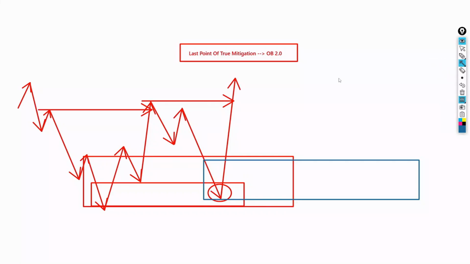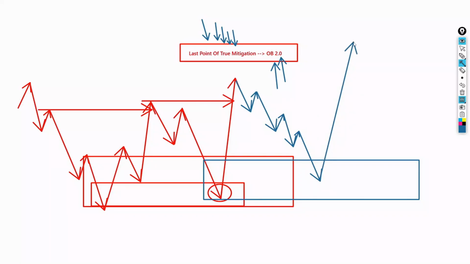So now you could very well expect that price is going to return back down right here. It's going to hit that order block 2.0 or last point of true mitigation, whatever you want to call it, and then it's going to proceed and move higher, right? So this is the idea that I wanted to show you in regards to order blocks.